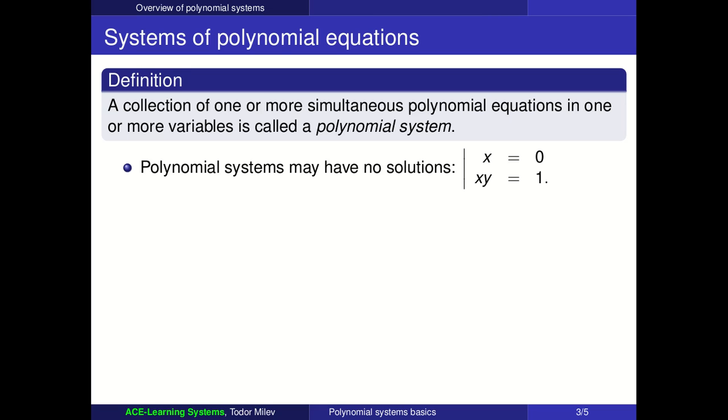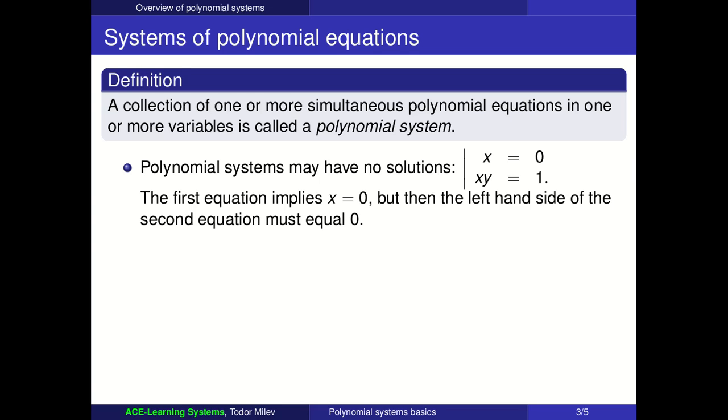Polynomial systems may fail to have solutions. For example, let's look at this system of two polynomial equations. The first one is x equals 0, and the second polynomial equation is x times y equals 1.